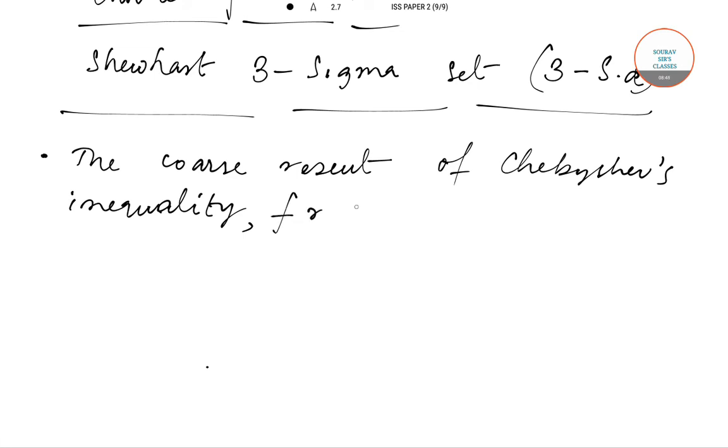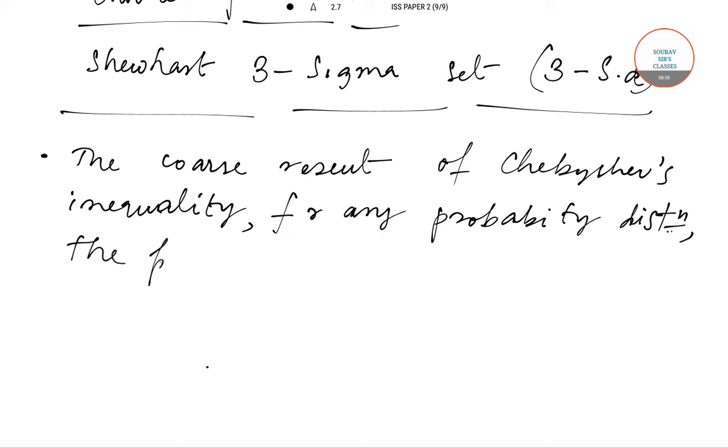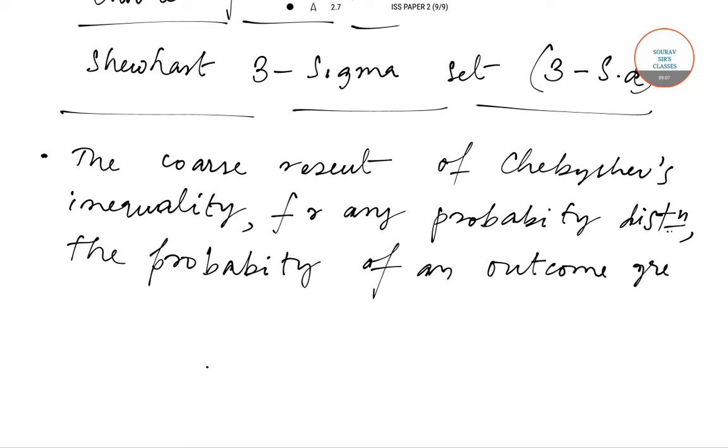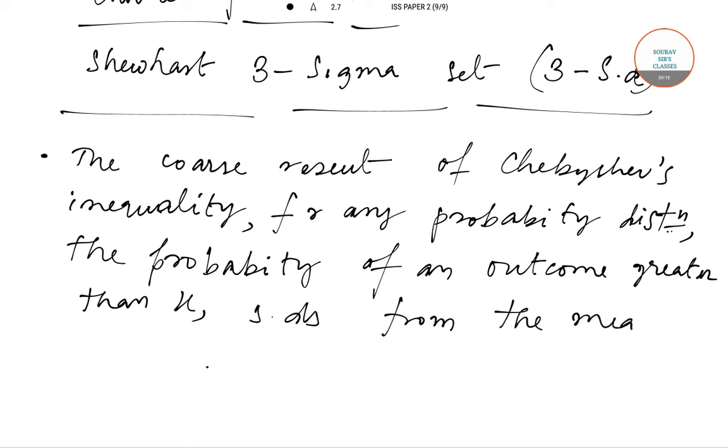Chebyshev's inequality is that for any probability distribution, the probability of an outcome greater than k standard deviations from the mean is at most 1 by k square.